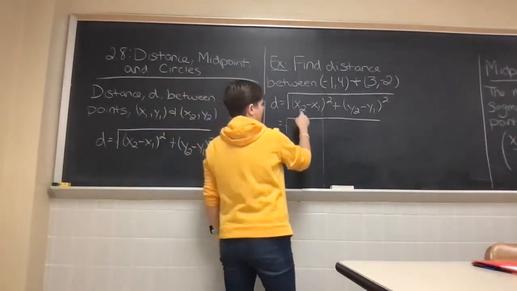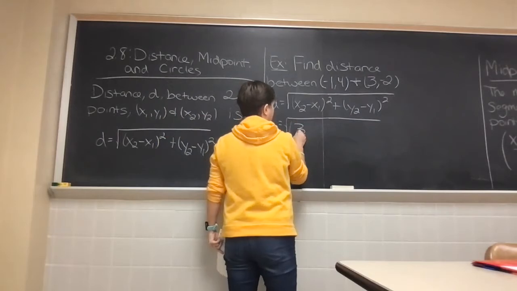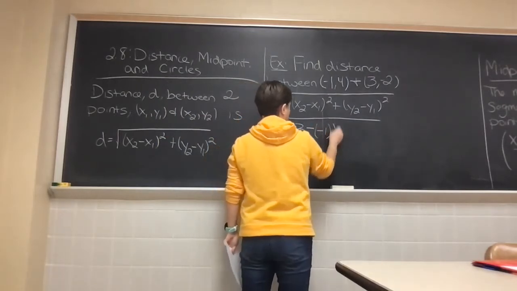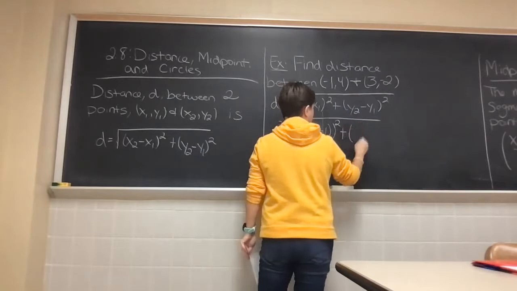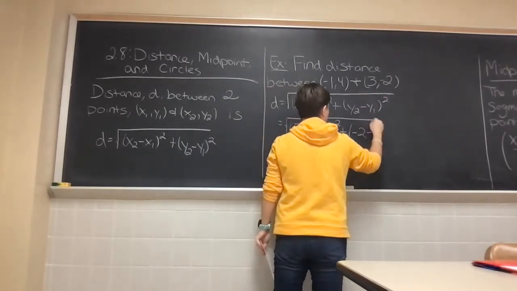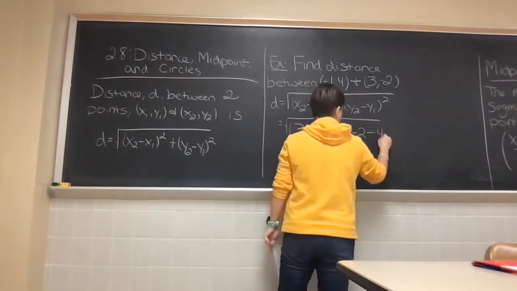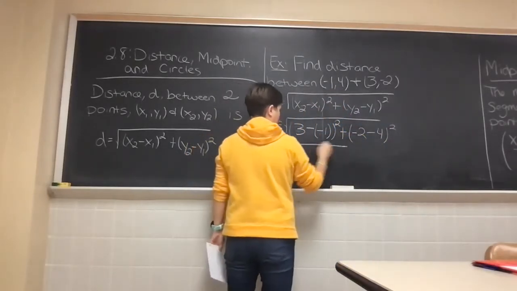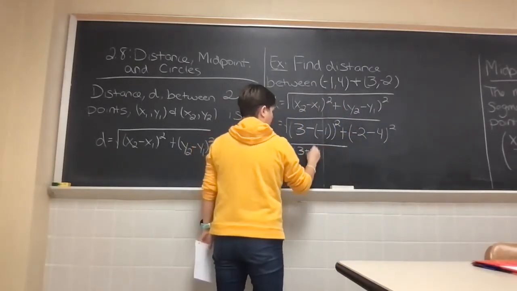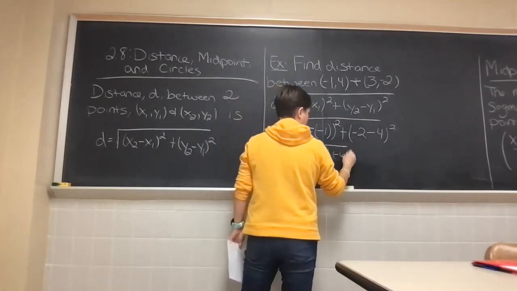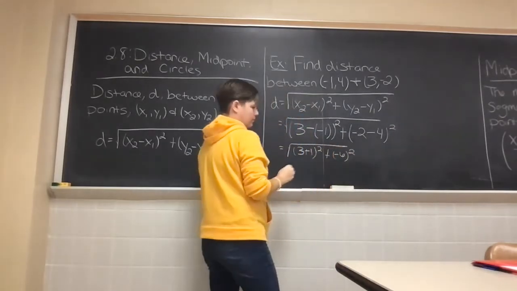So that means that my x2 value would be 3 minus my x1 value, which is -1, quantity squared, plus y2, well, that was -2, minus my y1, which is 4, quantity squared. So here I have 3 plus 1 squared plus a -6 squared.